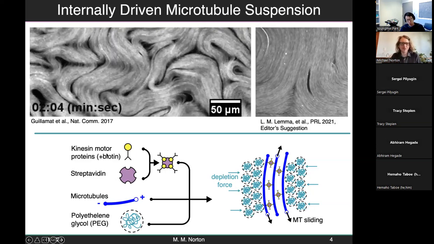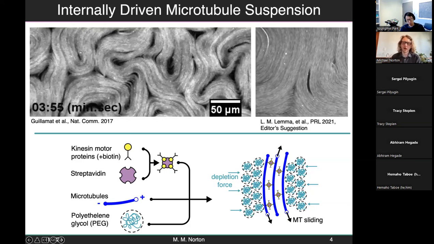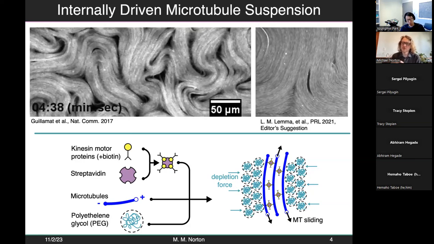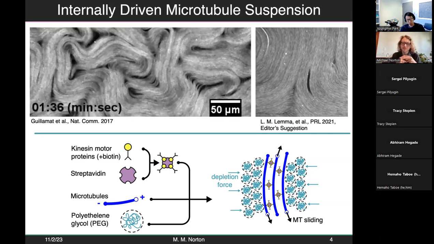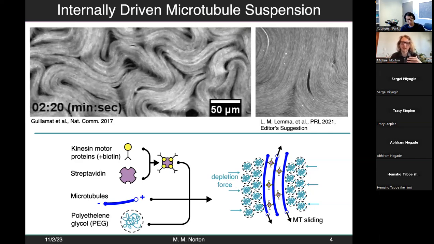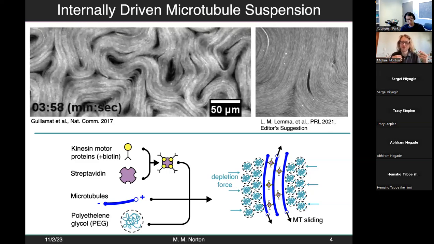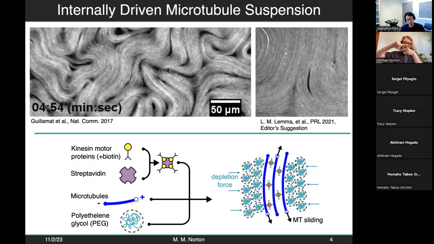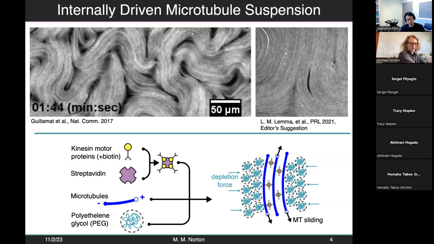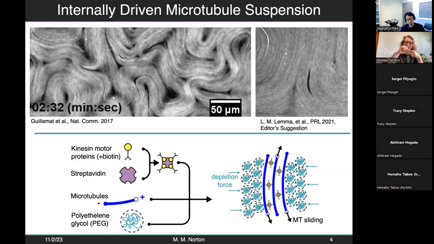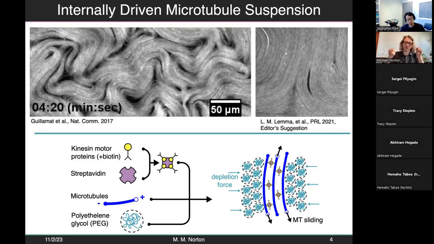And so these kinesin motors naturally, in vivo, would walk along those microtubules. And by combining them into these multi-protein complexes, you're able to create relative motion between neighboring microtubules, right? So if you imagine two microtubules with a motor protein in between them, it's walking in one direction along one microtubule, and in the other direction along the other.